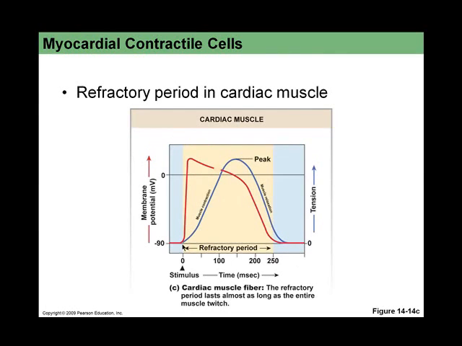With the coordinated set of events, the action potential and the contraction relaxation cycle, we are out beyond 250 milliseconds for, excuse me, a cardiac myocyte.